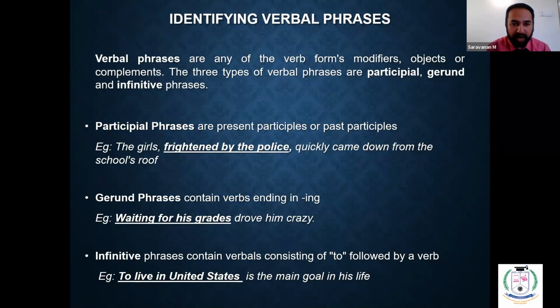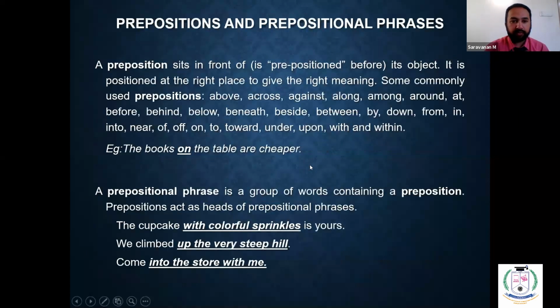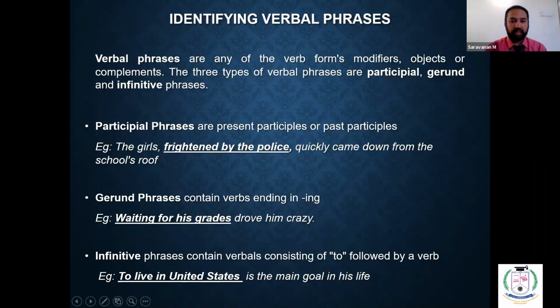Now, participle phrases are present participles or past participles. Example: the girls, frightened by the police, quickly came down from the school's roof. See here, the girls quickly came down from the school's roof.